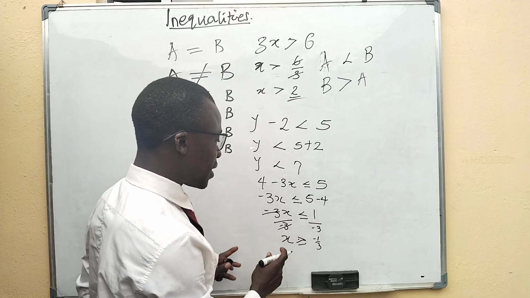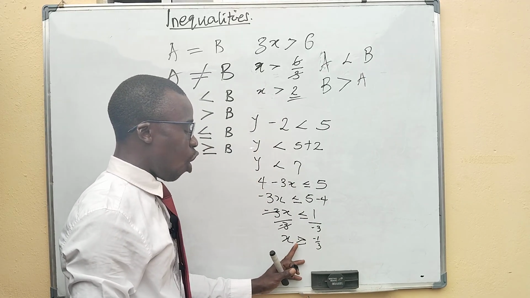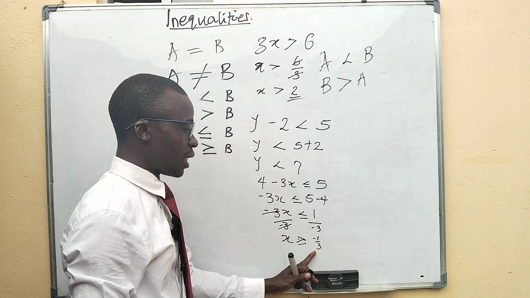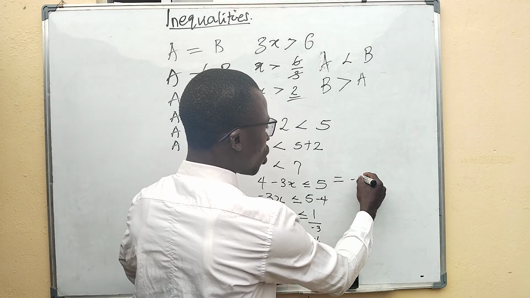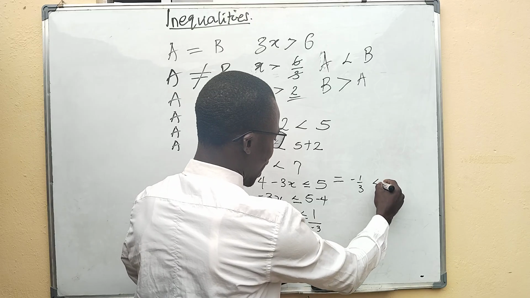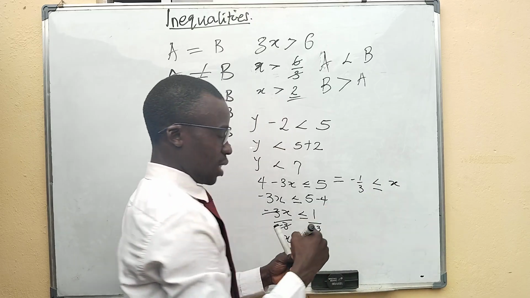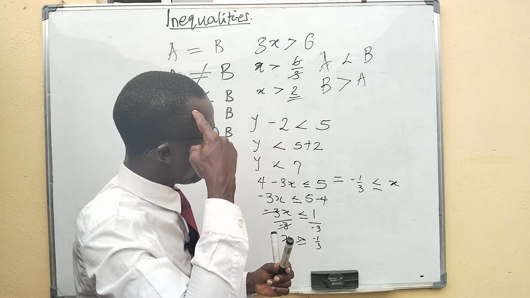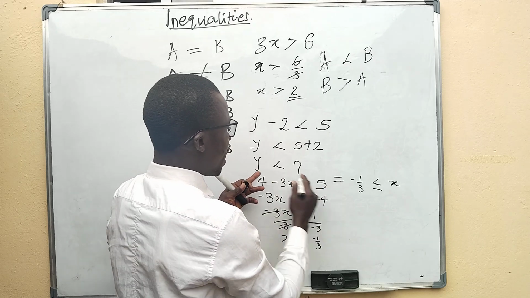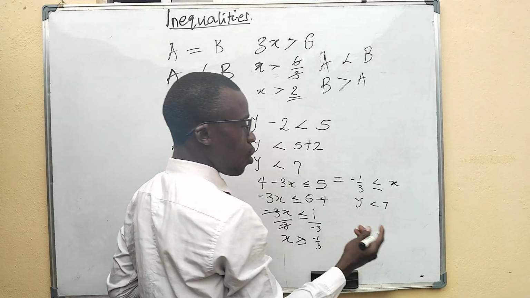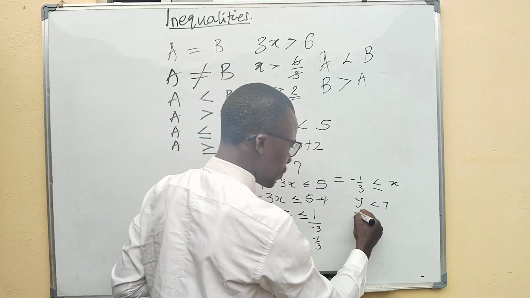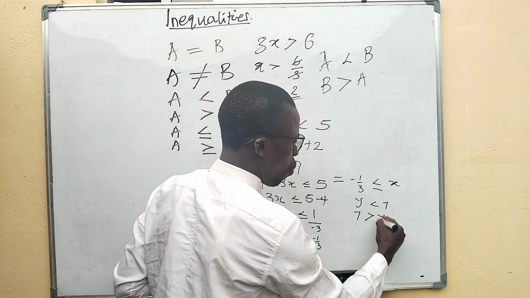That is to say, if I say x is greater than or equal to minus 1 over 3, it also means that minus 1 over 3 is less than or equal to x. So it should enter your brain. If I say y is less than 7, what that means is 7 is greater than y.